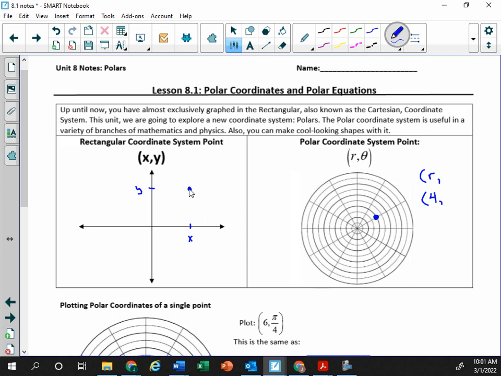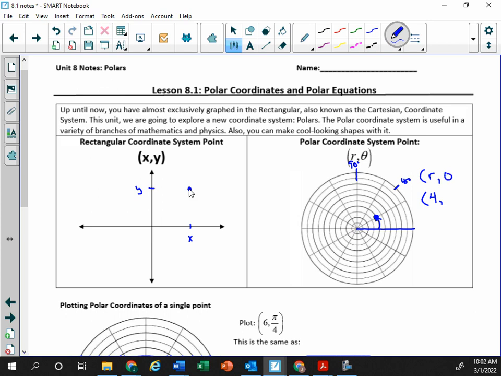And then the angle is talking about how far from this initial x-axis I have traveled to get to that point. This is still 90 degrees up here, okay? 45 didn't get marked, that would be in the middle. So it looks like 30 degrees to me.